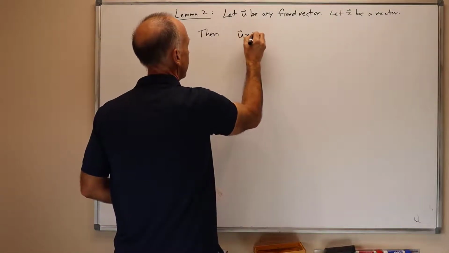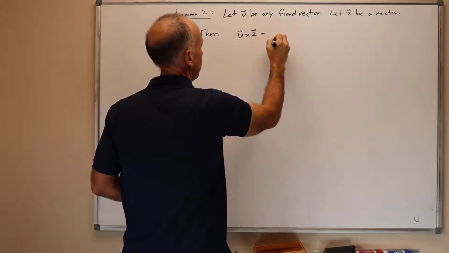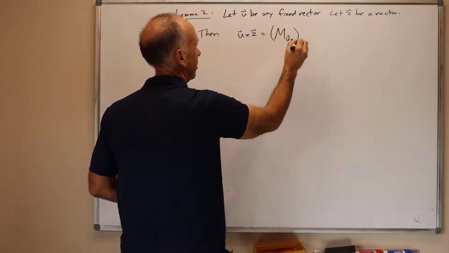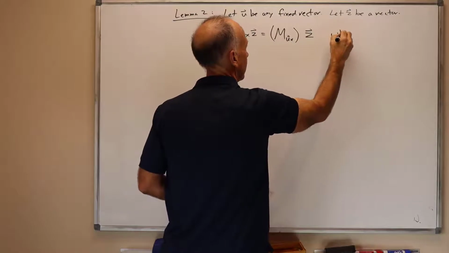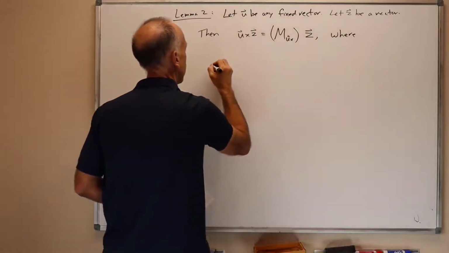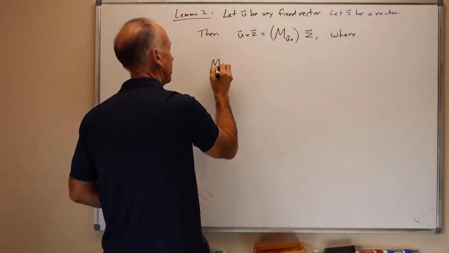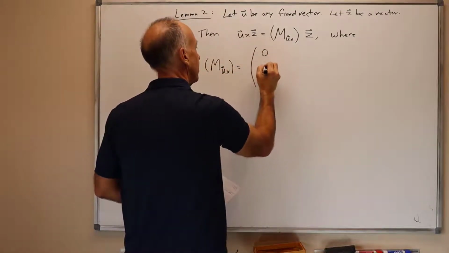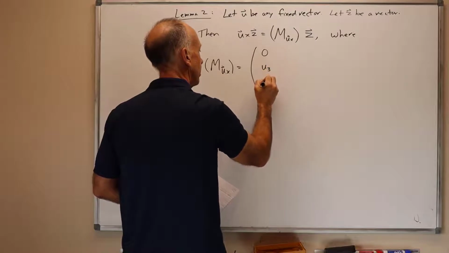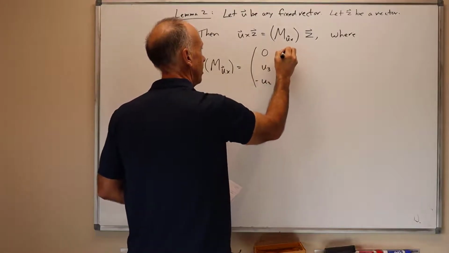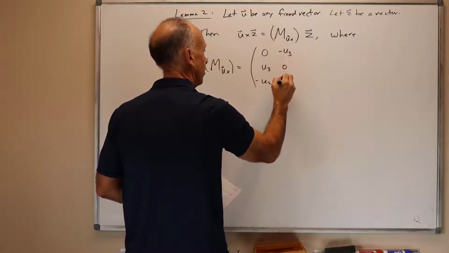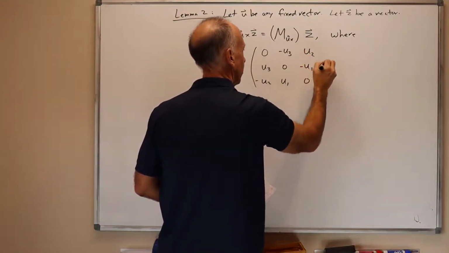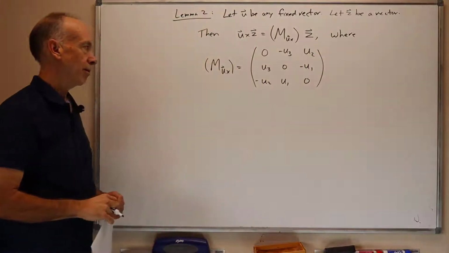Then u cross z is equal to m u cross, which I'll define in just a second, times z, where m u cross is equal to the following 3 by 3 matrix: 0, U3, minus U2, minus U3, 0, U1, U2, minus U1, 0, giving the elements in column order.